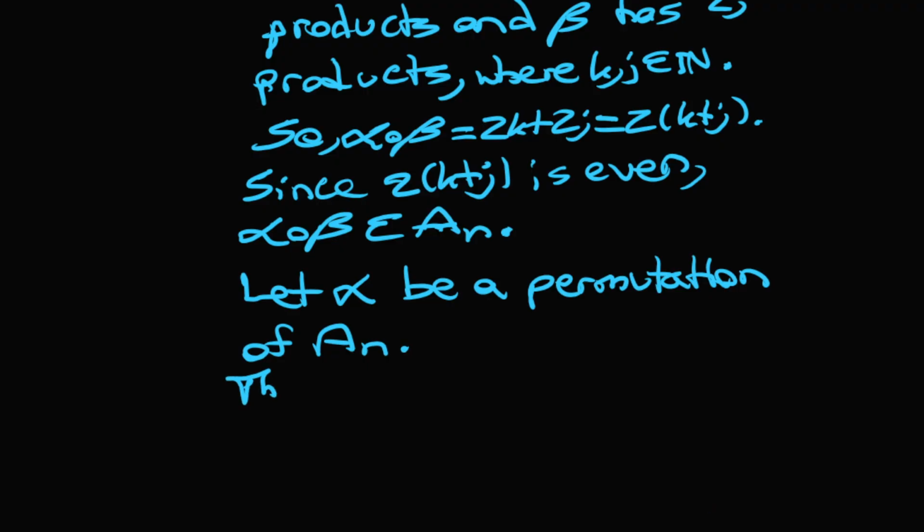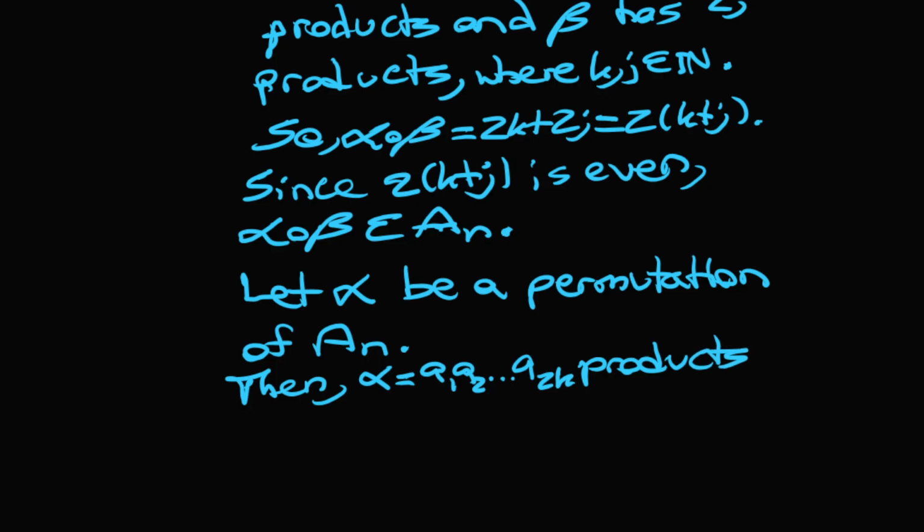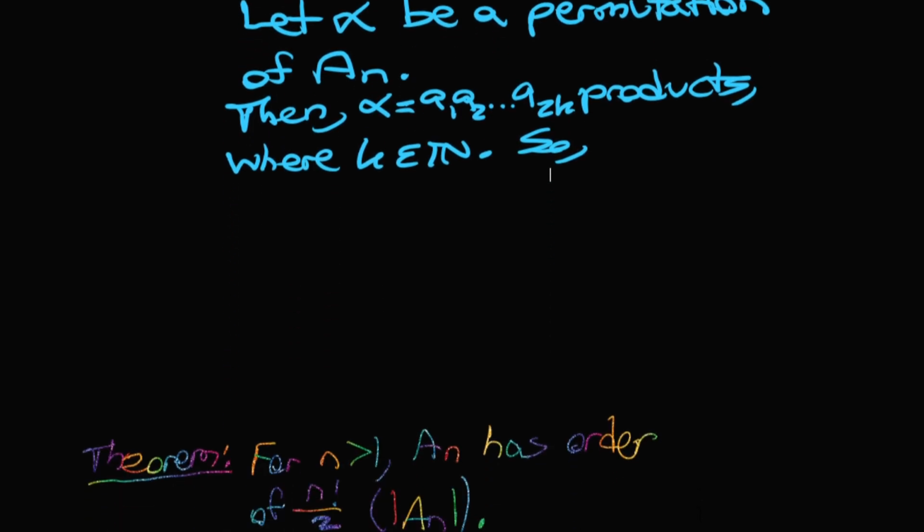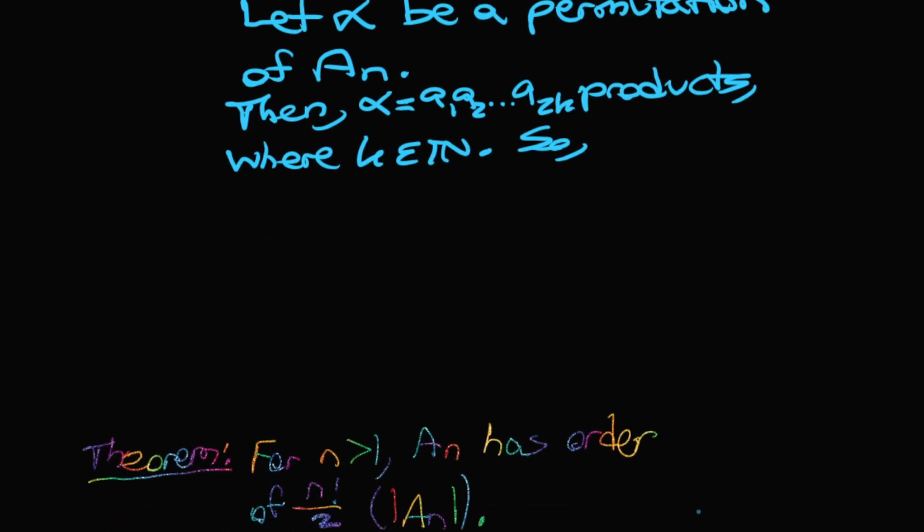So then we have alpha equals A1, A2, so on and so forth, up to A of 2k products, where k is a natural number. So we have alpha inverse equals A of 2k, so on and so forth, up to A2, A1.